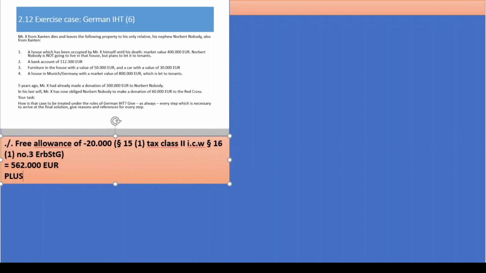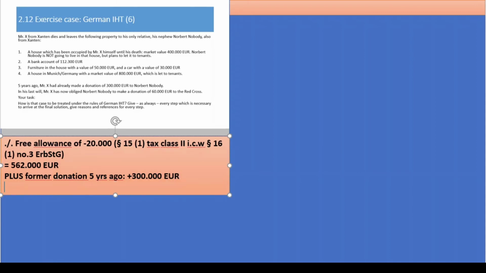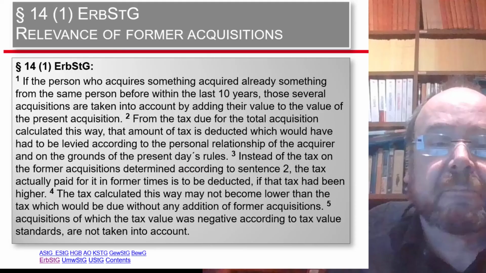And now we have to add the former donation 5 years ago. That was 300,000 euro. And you can look that up in paragraph 14. For reasons of certainty, let's have a small look into paragraph 14.